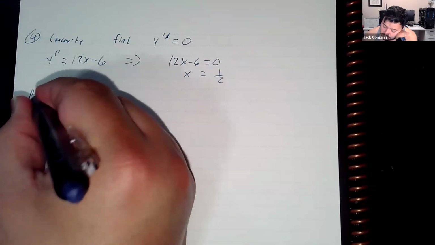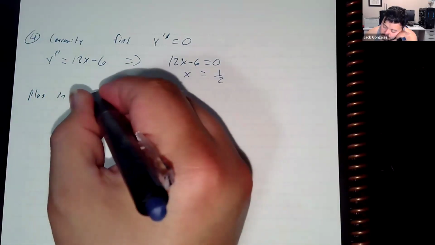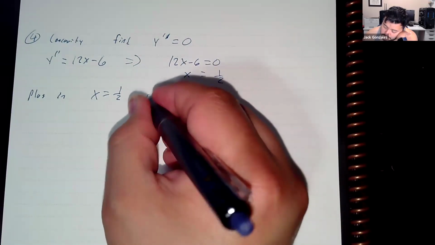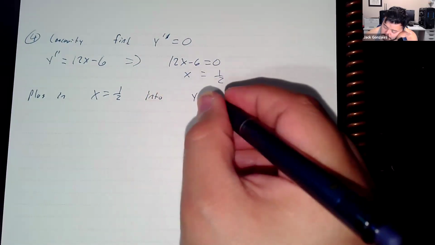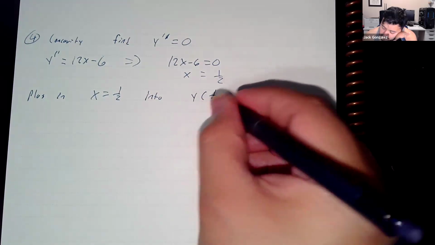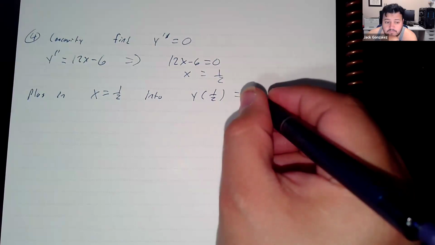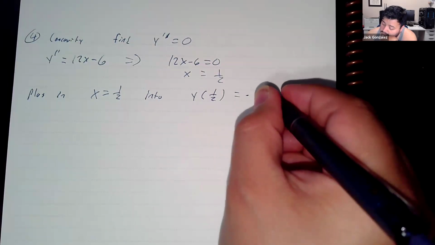So plug in x equals 1/2 into y to get the corresponding y value. I'm going to skip that step as well because I believe y'all can plug in numbers.